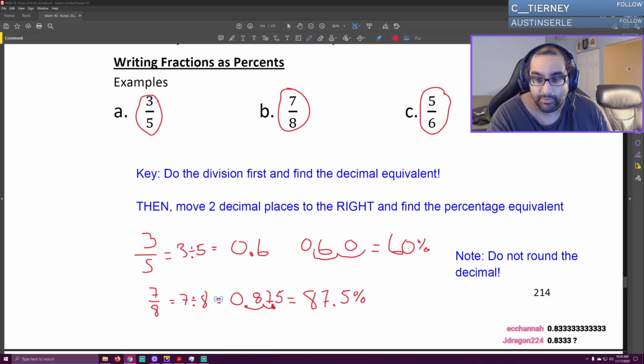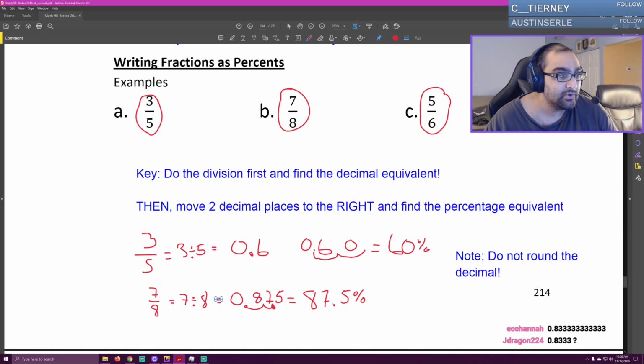Yeah. So it'd be 0.833 repeating, right? Absolutely true. It's going to be, like I said, a pretty long decimal here.